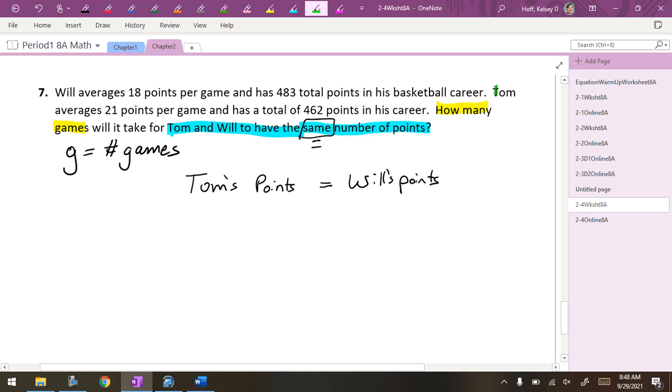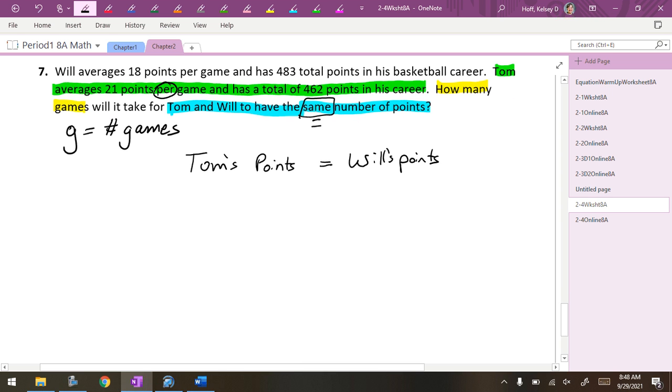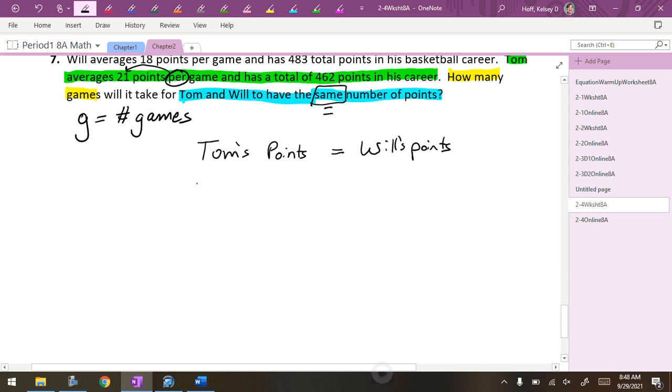All right, up here it tells me Tom averages 21 points per game and has a total of 462 points in his career. What is the key word here? Per. Per tells us we're going to multiply. What number is going to be multiplied by G? 21. Okay. How many points does Tom have right now? 462.